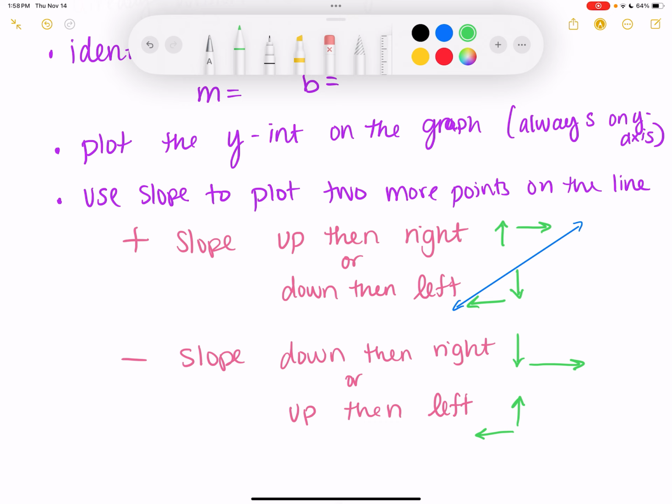I wrote that one backwards, but it's fine. This one looks confusing because I have them flipped the way that they need to be written. Down, then right.